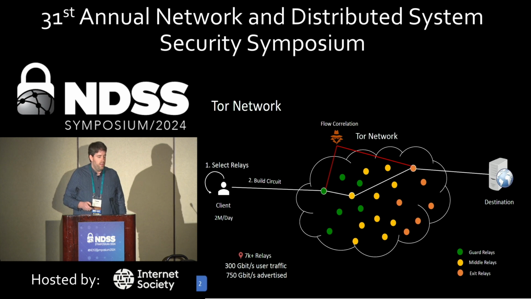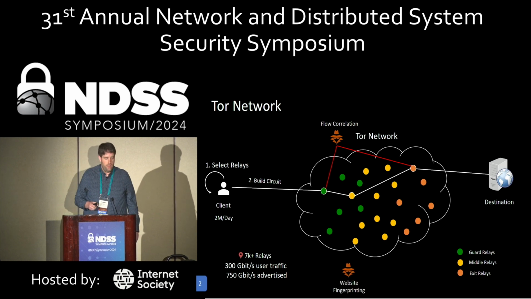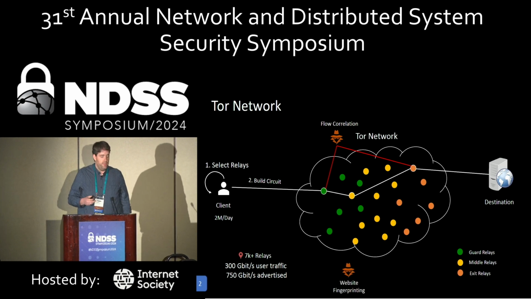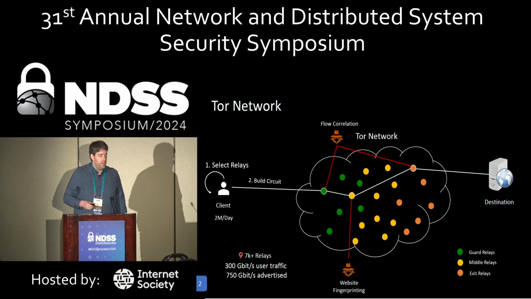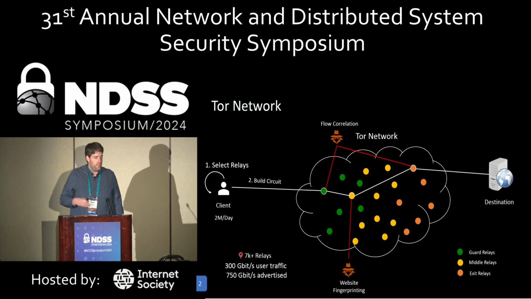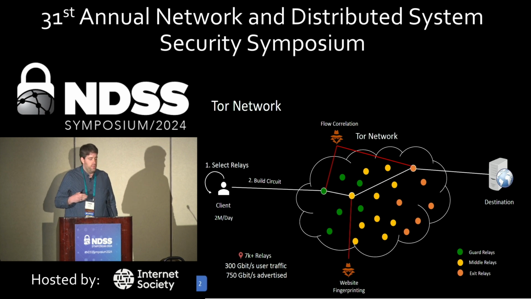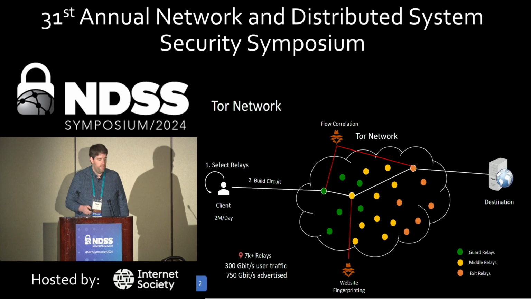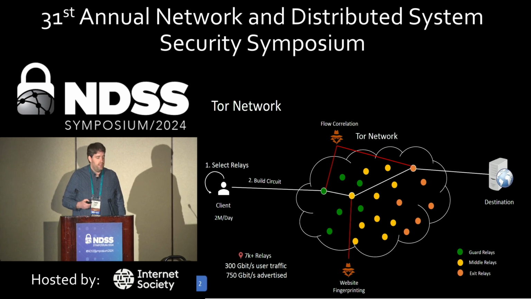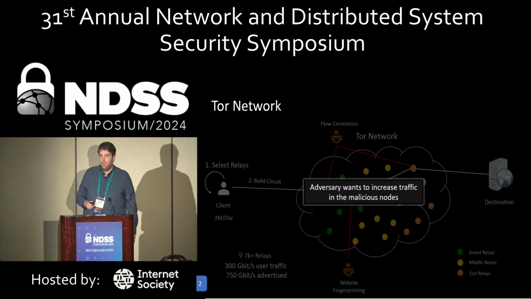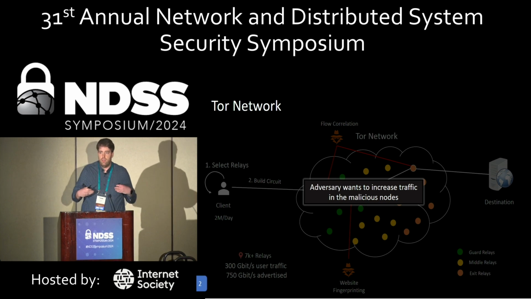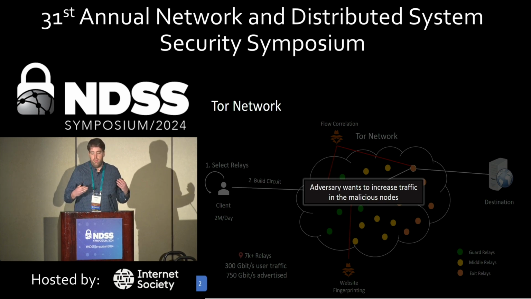Another point also talked about by the previous speaker is website fingerprinting. If an attacker controls a node in the Tor network, it can potentially check which websites are served within the Tor network. Now, both of those attacks want to increase the traffic to their malicious nodes, so their attacks become more effective. How do they do this?